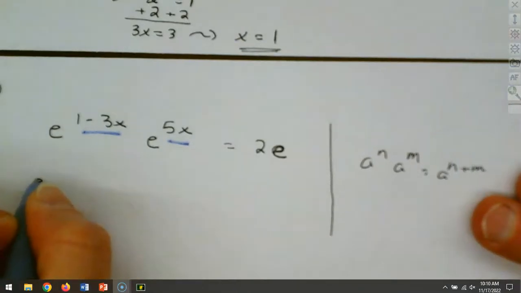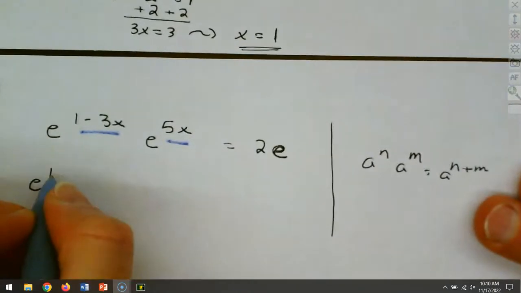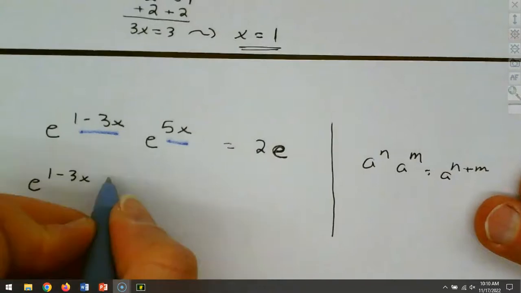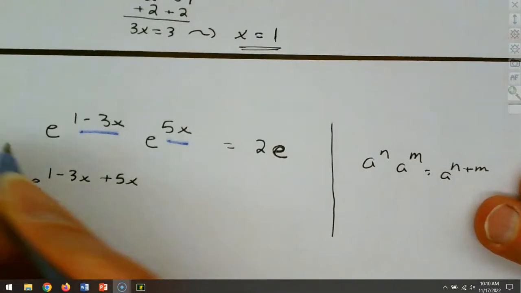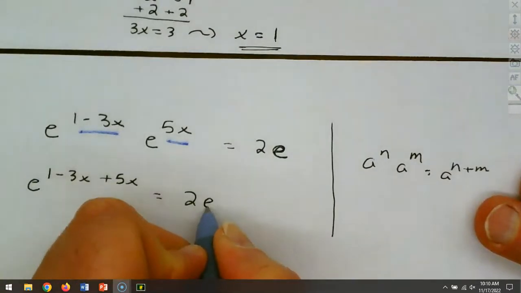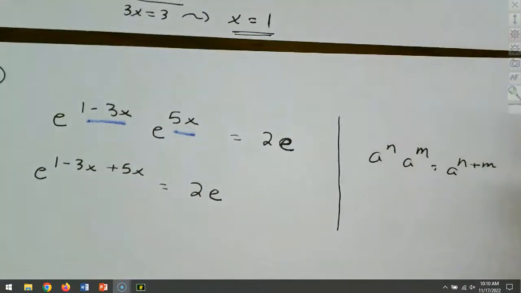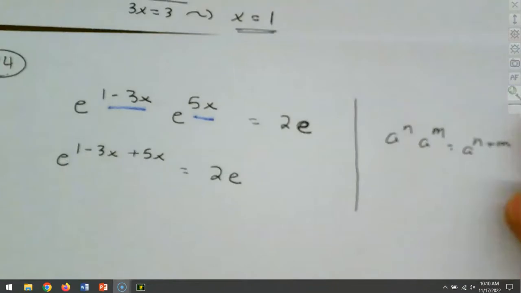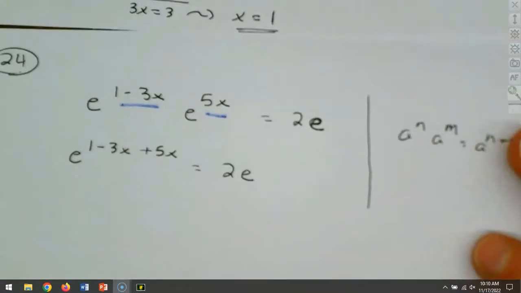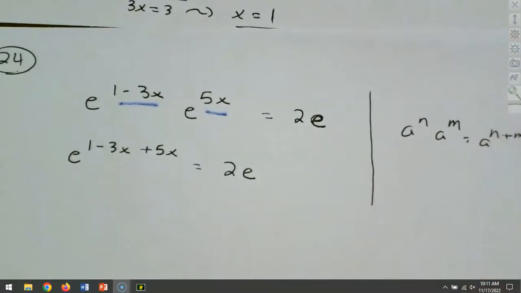And this is then going to be e to the 1 minus 3x power plus 5x equals 2e. So is everyone okay with that? So a little bit trickier to work through and actually solve. Our goal, though, is going to be to get rid of that e using a logarithm. So that's going to be my ultimate goal here.